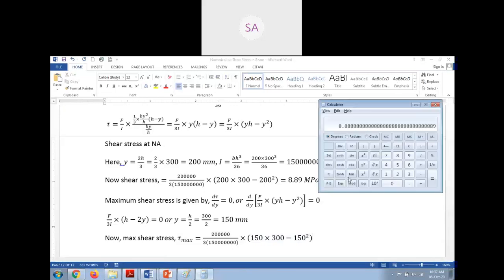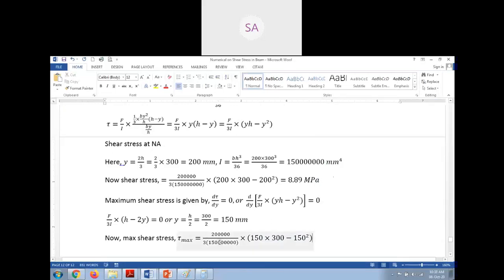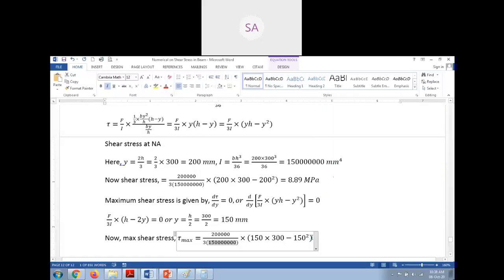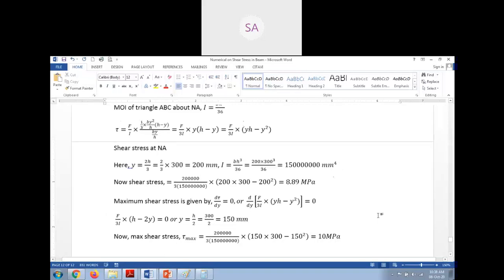Now let us calculate this. Let me just copy this again. 200,000 by this by 3 into 150 into 300 minus 150 square. So it is 10 megapascal. This is equal to 10 MPa.